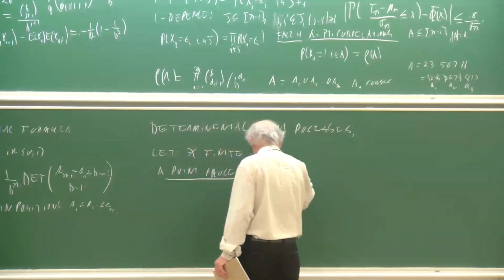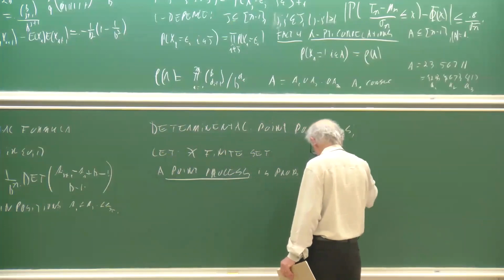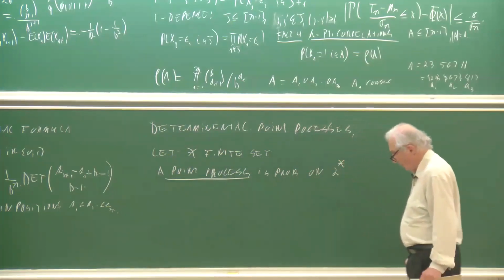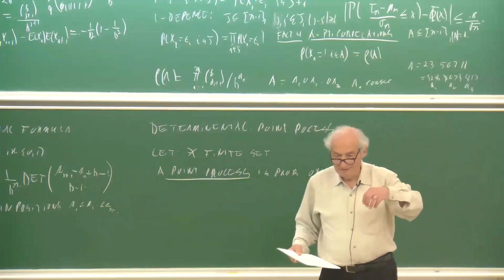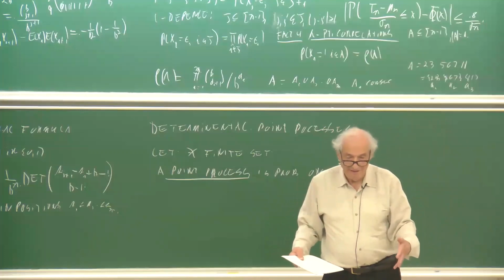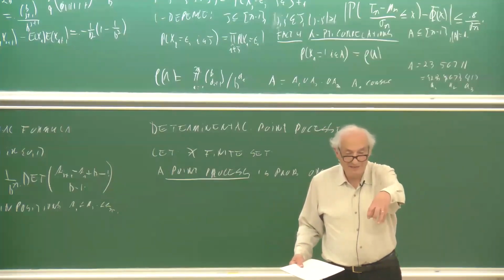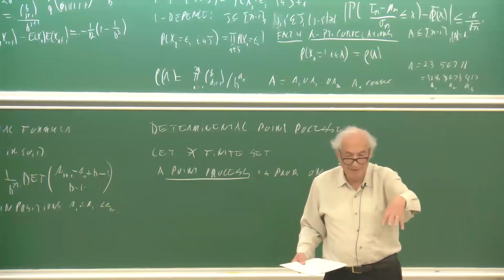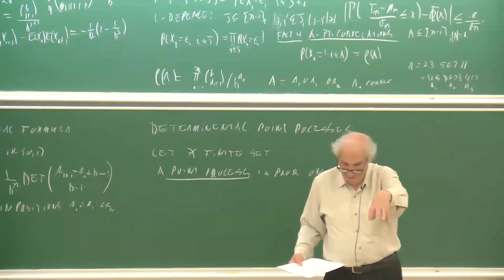A point process is a probability on all subsets, on 2 to the X. How you should think about it is, you've got your space, and there are some random points on it. And what's the chance that there's a point here, here, and here, and no points anyplace else? That's a subset, and I'm assigning a weight to each subset.